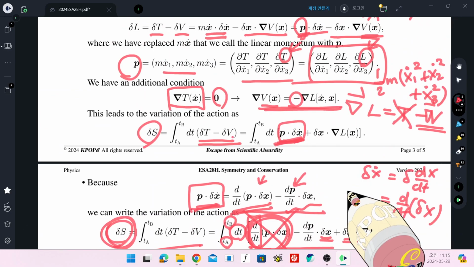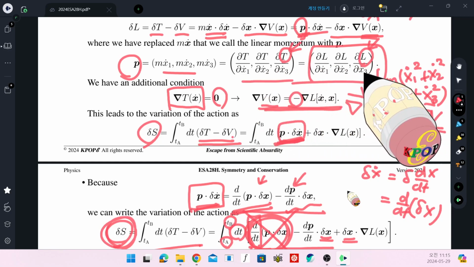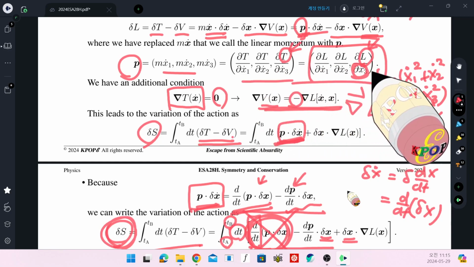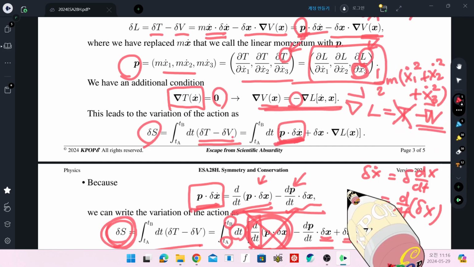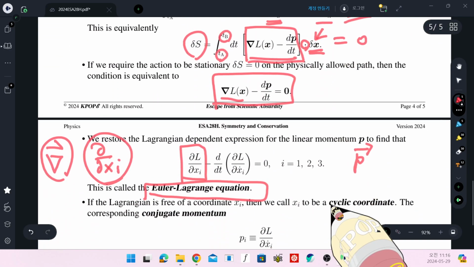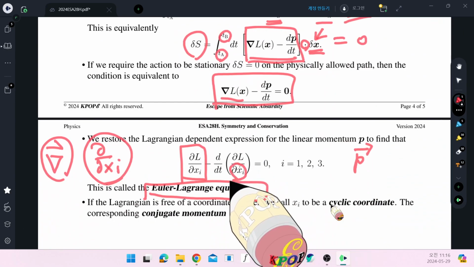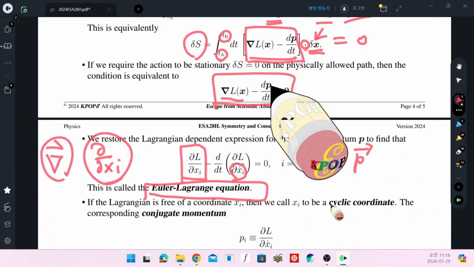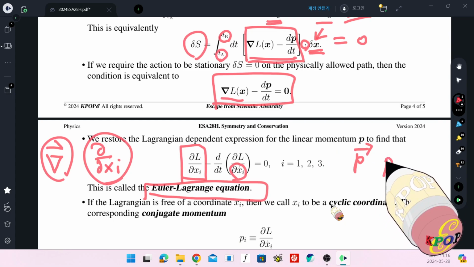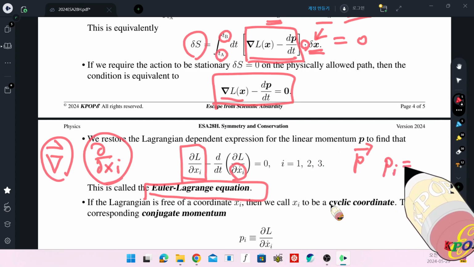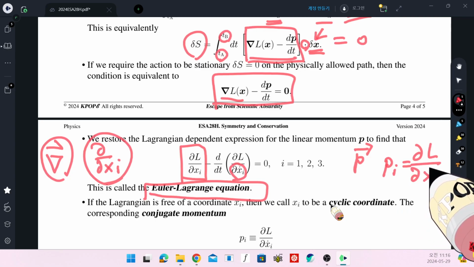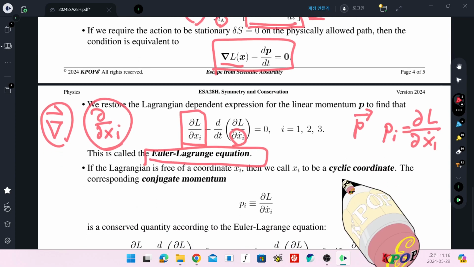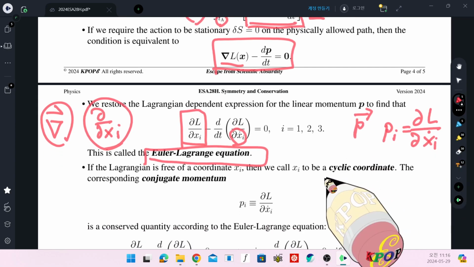Okay? Gradient of Lagrangian? No, not a gradient. It is a partial derivative of the Lagrangian with respect to the velocity. Okay. So finally, the ith Cartesian component of the linear momentum is the Lagrangian's partial derivative with respect to the ith component of the velocity.